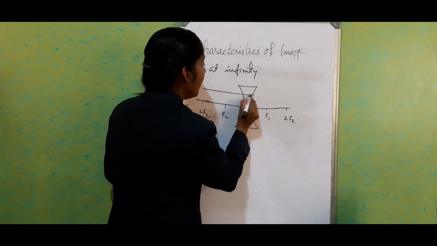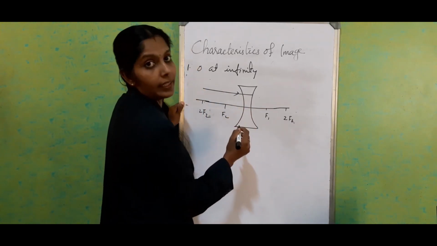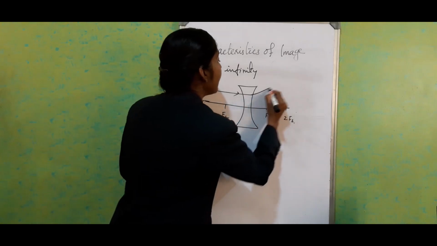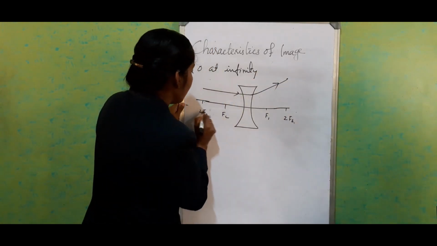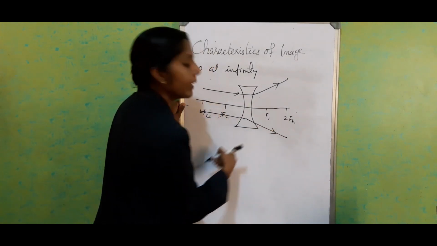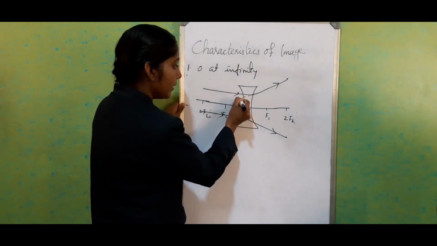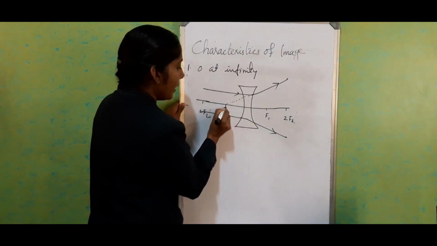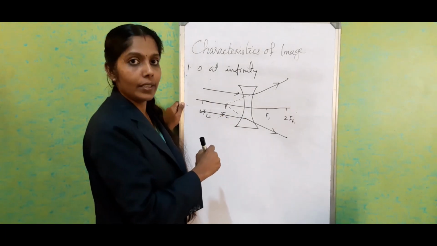So first one, object at infinity. The rays are parallel to the principal axis. After the refraction, it diverges away from the principal axis. If we extend these diverged lines, they will join at a point on the principal axis at the second focus.